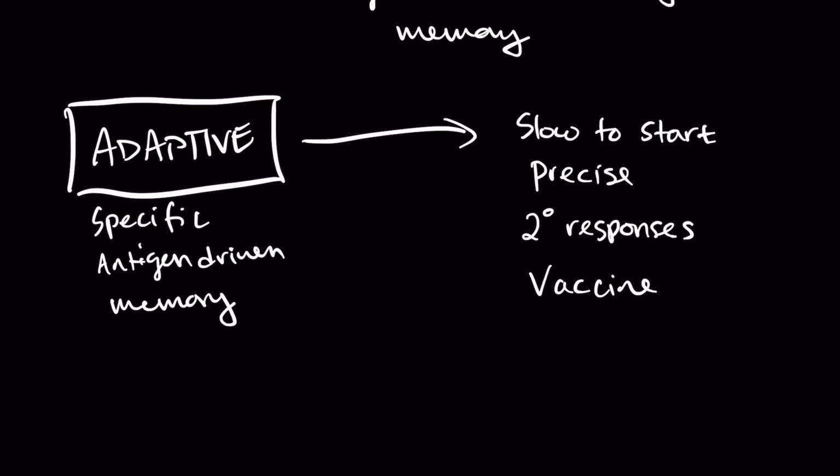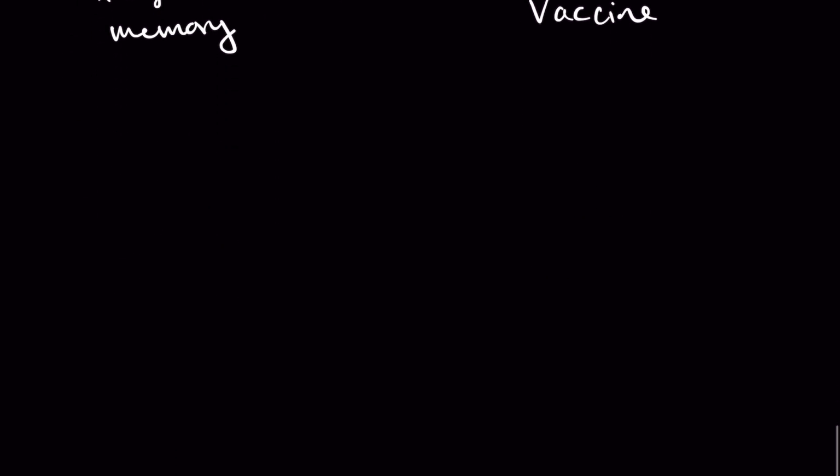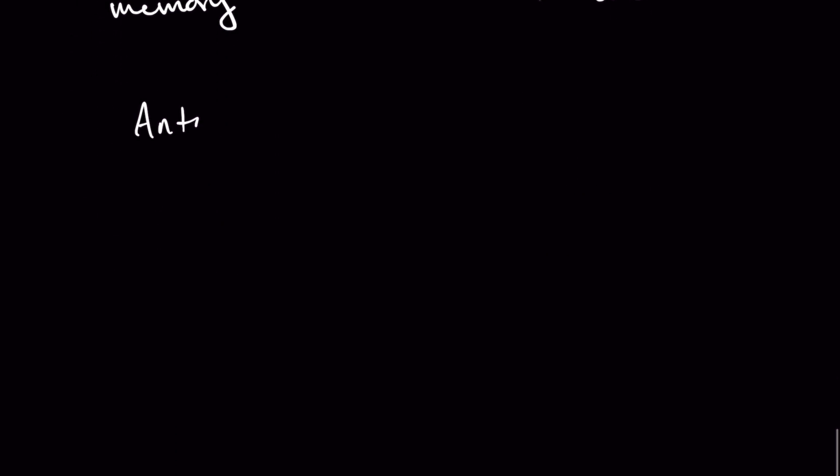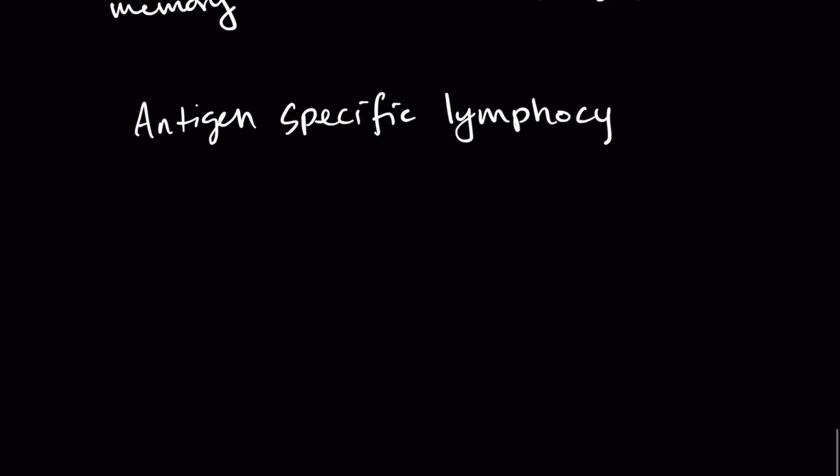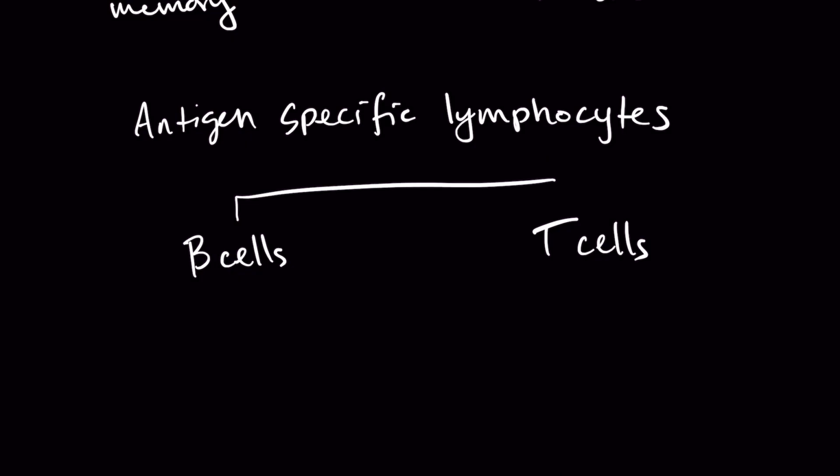Adaptive immunity is carried out by antigen-specific lymphocytes. We have B cells and T cells, and they both require activation.